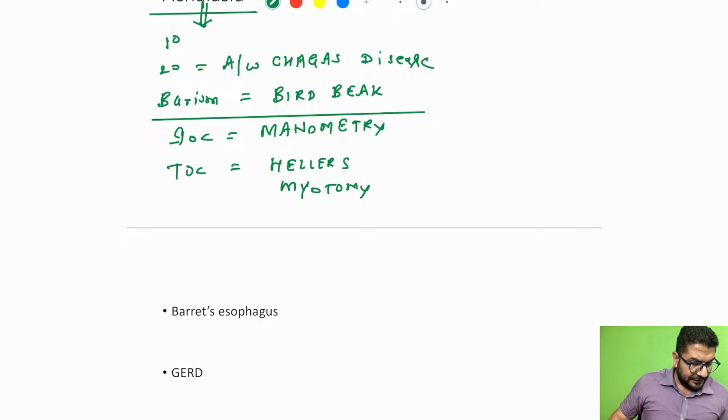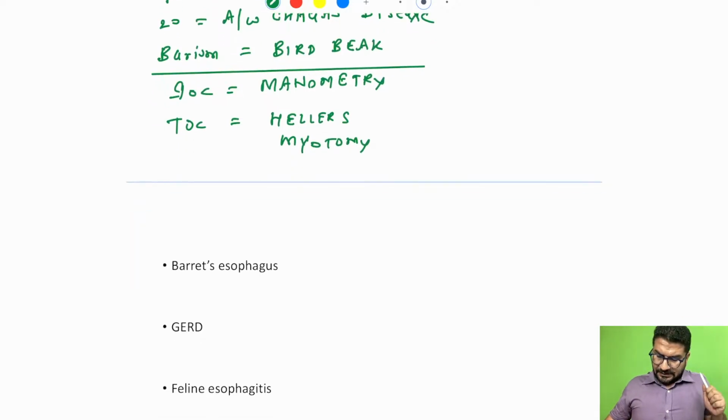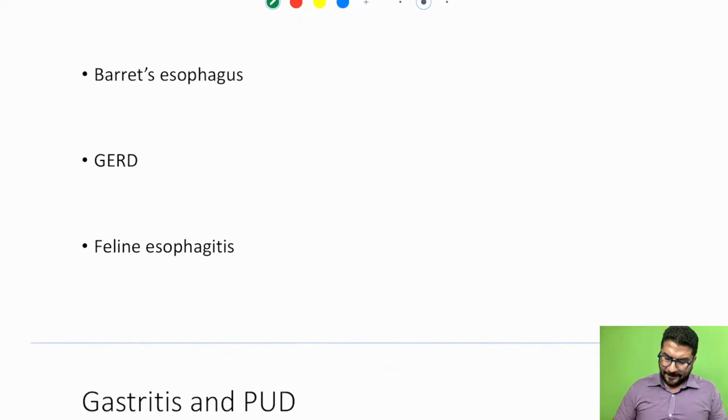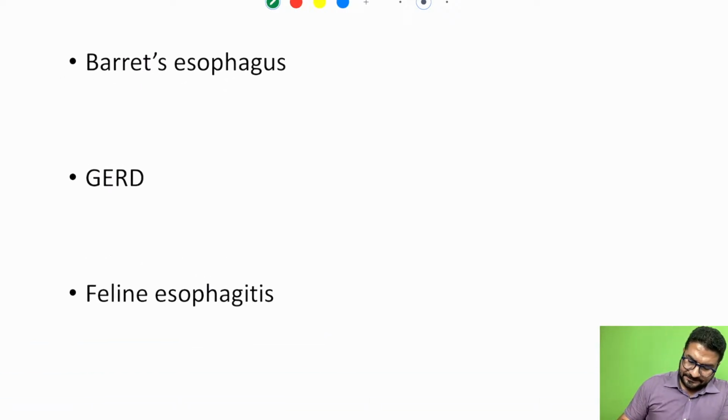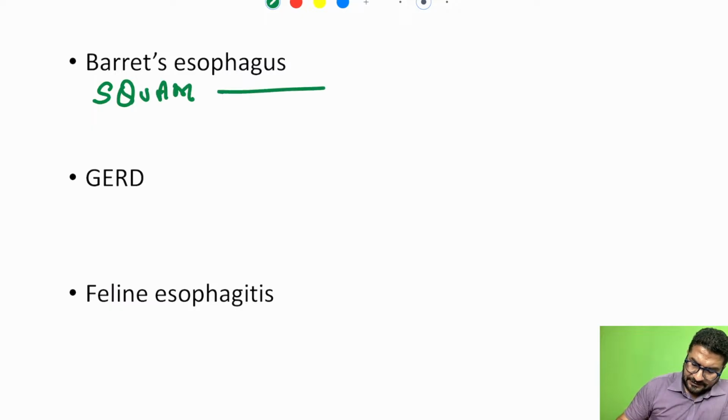Okay, now moving to other GI conditions like Barrett esophagus and GERD. I told you about Barrett. Squamous epithelium in Barrett will convert into intestinal type columnar epithelium.